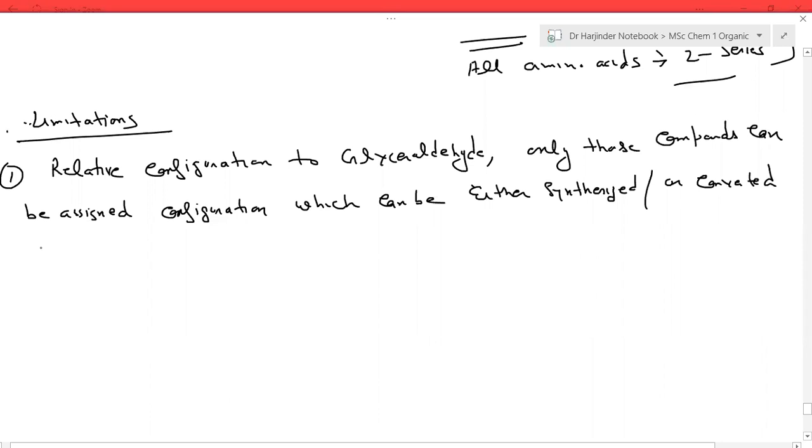So this means this is not a universal system. That means D and L configuration is not universal.